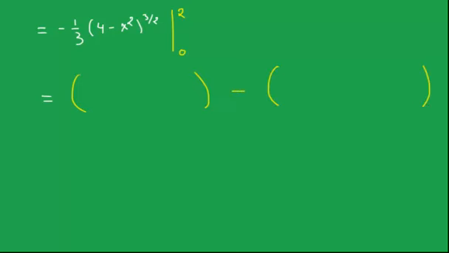So in the first set of parentheses, you plug in the upper limit. So negative 1/3 times (4 minus 2 squared) to the power of 3/2. And in the second set of parentheses, you plug in the lower limit, (4 minus 0 squared) to the power of 3/2.